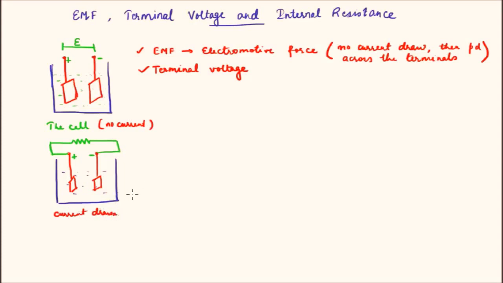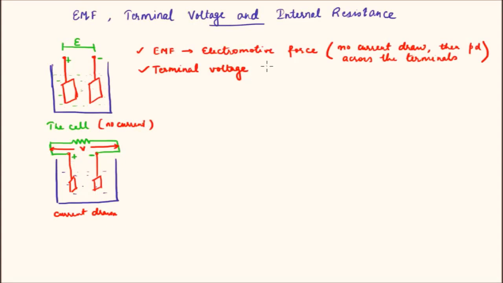Now since current is drawn, the difference in potential between the terminals is now different than what was here, and this difference in potential in this scenario is known as the terminal voltage. So this is my terminal voltage denoted by a capital V.